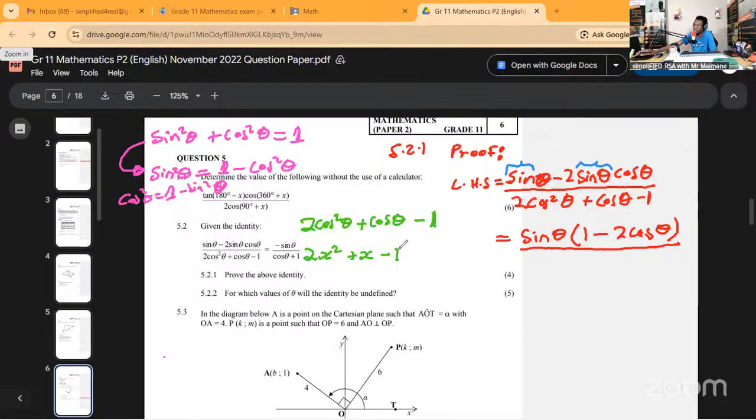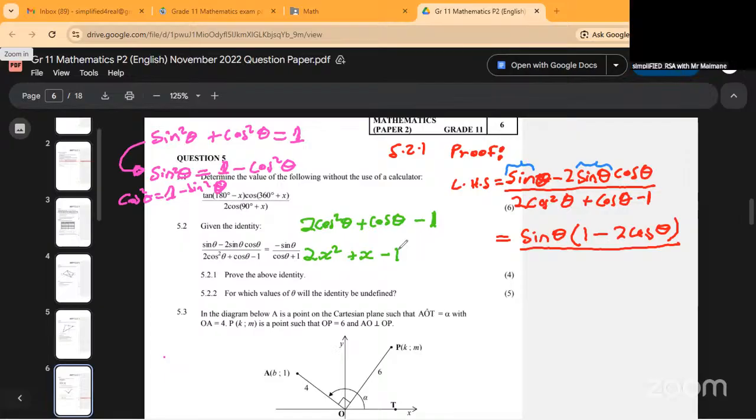Don't you think these two things look similar? They do look similar, right? There are different methods to approach this. If we were to try to factorize this in terms of cos, do you think it would work?